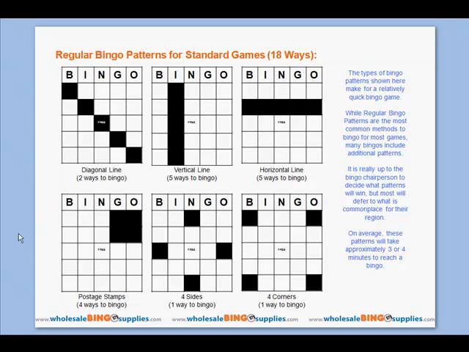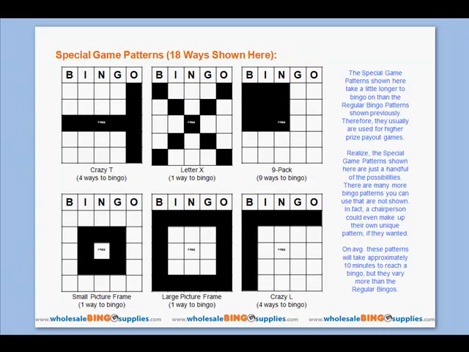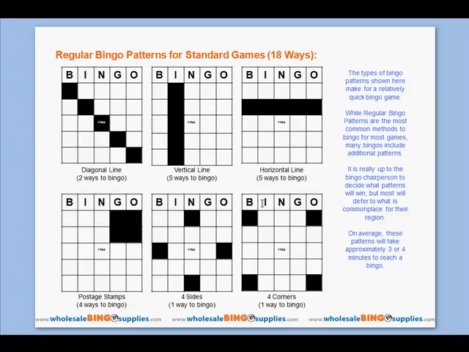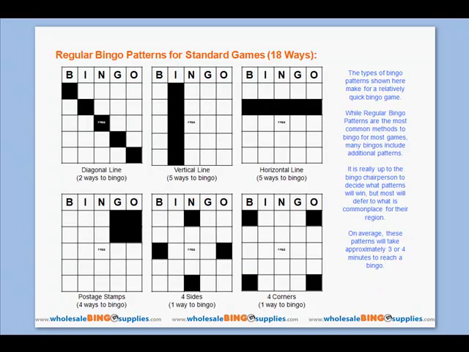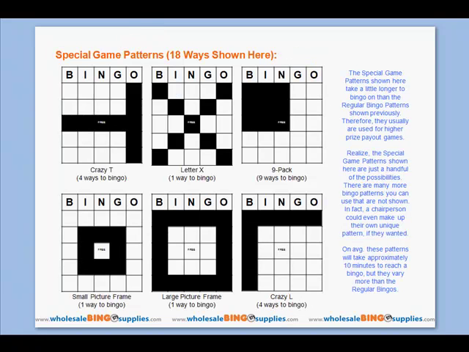Building upon that, we're going to look now at the special game patterns. Back to the regular game patterns, a typical game will have 2 or 3 of these, and then they'll have a special game pattern. They'll give away a letter X. While all 18 of your regular game patterns are ways to win every game, your special game patterns are generally only the one that you choose.